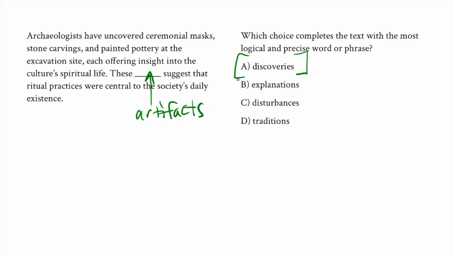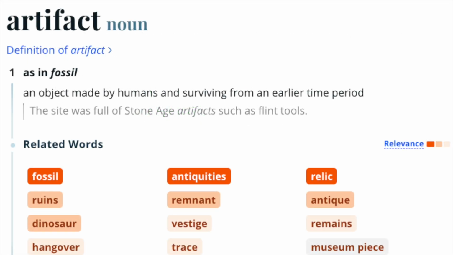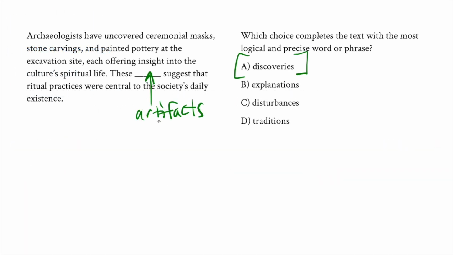They discovered the artifacts. So these findings, these discoveries, these artifacts, this is just naming what they discovered or coming up with a general name for what they discovered. But it's not explanations. These are things. They're not explanations. They're not disturbances. And while they might have something to do with traditions, carvings, masks, and pottery, they're not traditions in and of themselves.